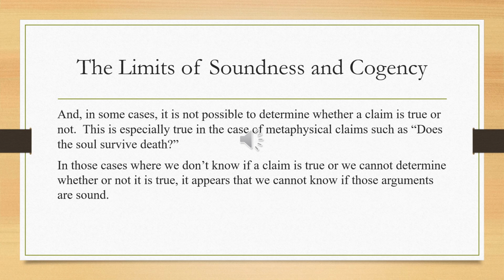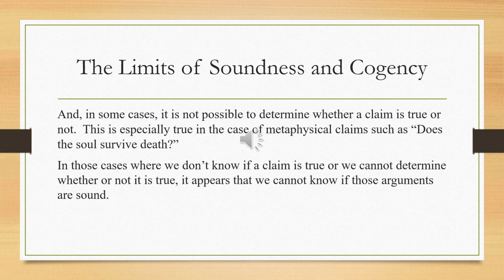And finally, to put a kind of philosophical spin on this whole conversation, there are some claims that it doesn't seem possible to know if they are true or false. They must be one or the other, but it seems to be beyond the realm of human limitation to determine whether or not they are true or false. And this would include metaphysical claims like, does the soul survive death? Or does God exist?